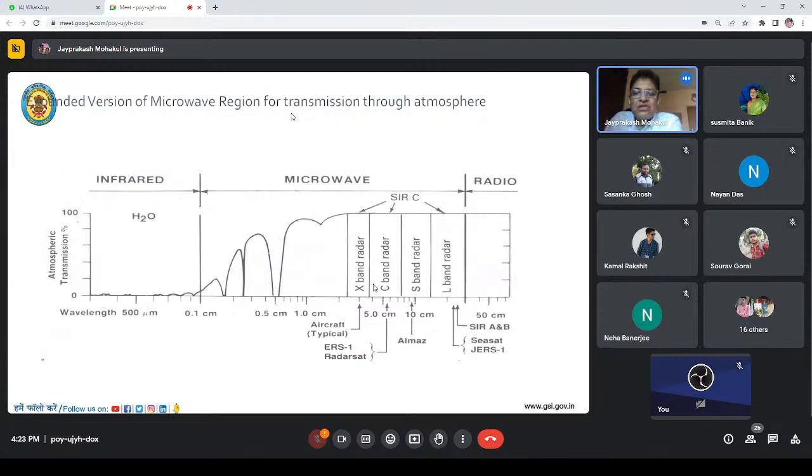Now, as we see here, the X band, C band, S band, L band, these are all radars, right?